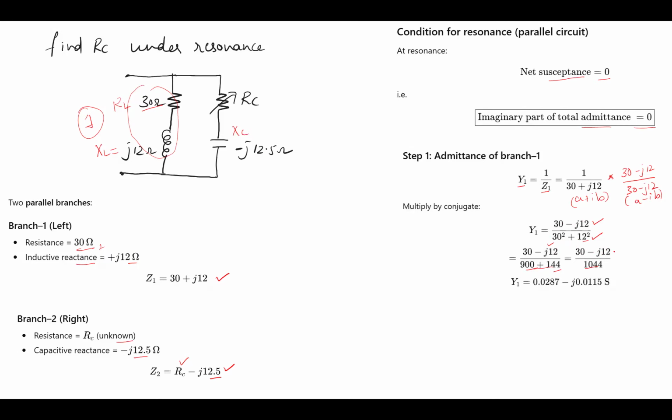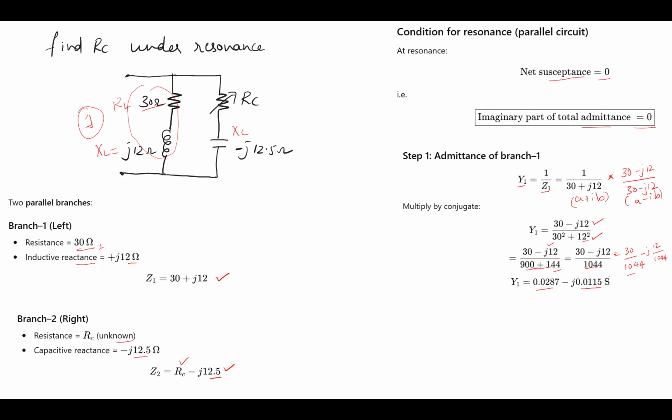Now separately, it is 30 divided by 1044 minus j into 12 divided by 1044. That is 0.0287 minus j into 0.0115 susceptance.